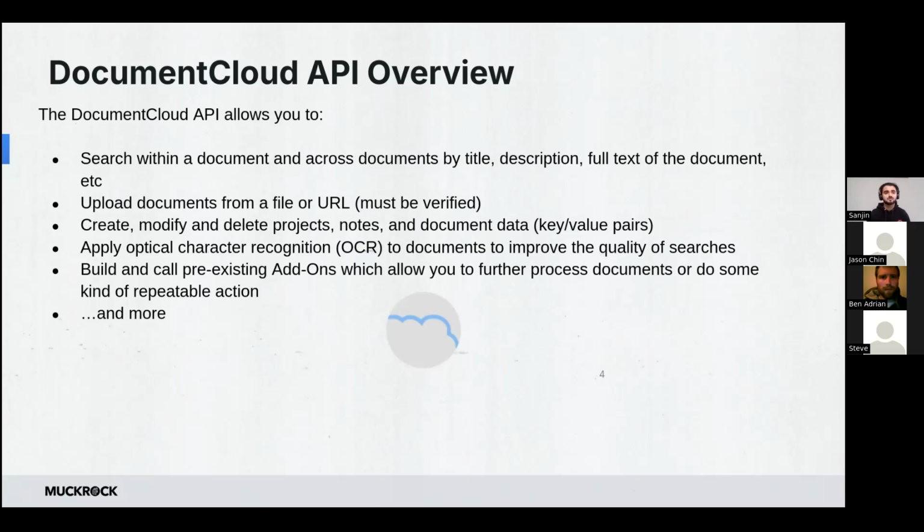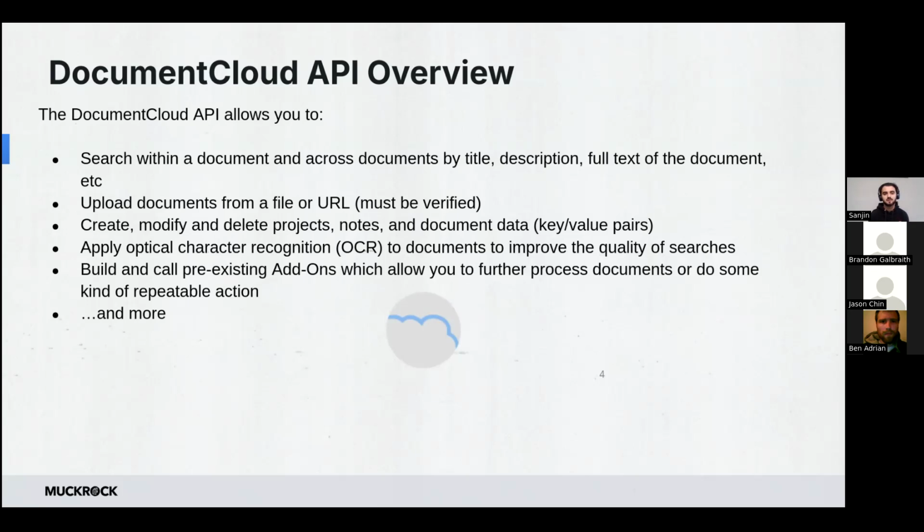The API also allows you to create, modify, and delete projects, which are collections of documents. Notes, which are individual annotations that appear on a document, whether by you or another user, and document data, which is how we organize documents on DocumentCloud, separate from projects. It's like another way that we can organize documents using key and value pairs.